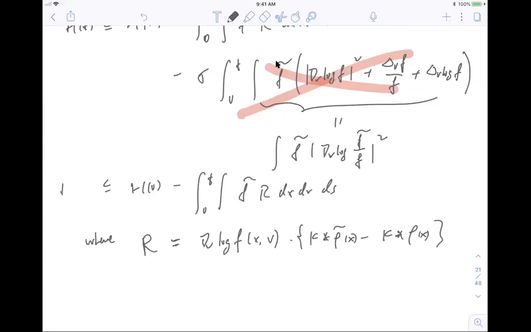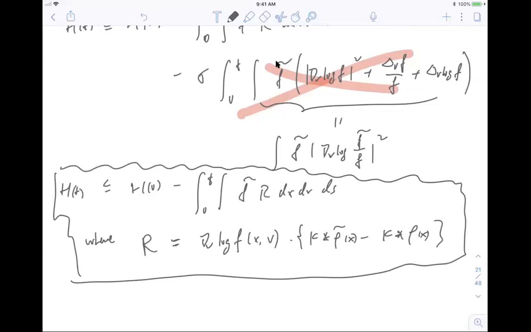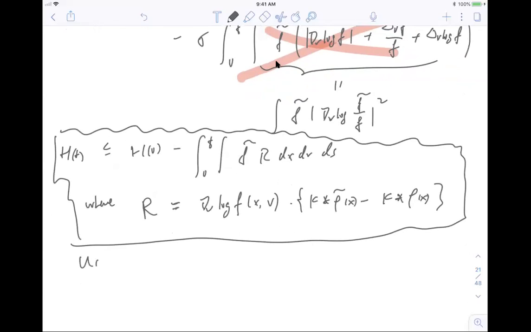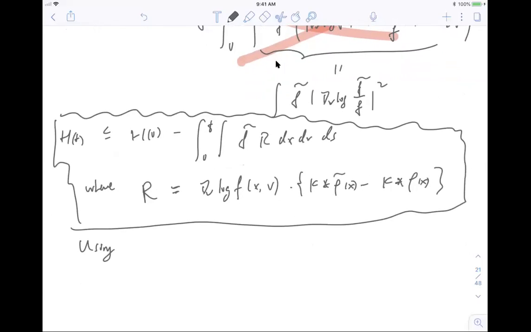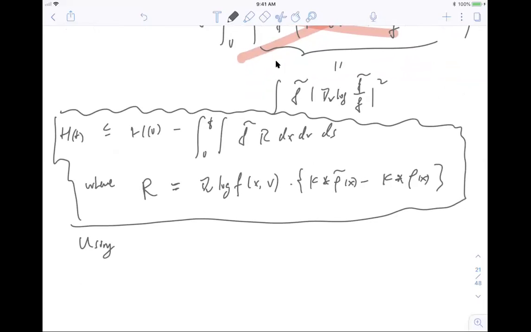In the following, we just need to control HT of this equation using Grönwall. Of course we use Grönwall in the last step, but we need to think of a way to control HT, given by this inequality.